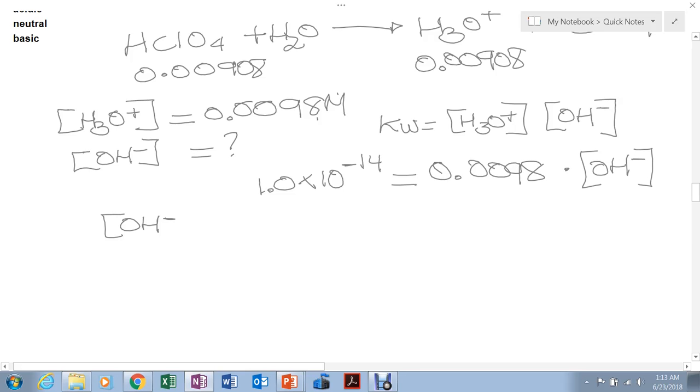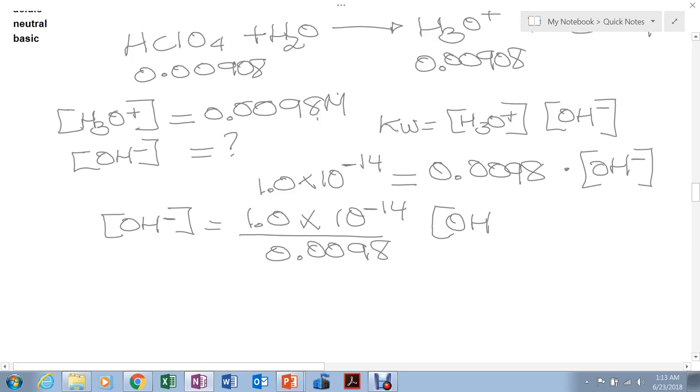OH negative would be 1.0 by 10 to the minus 14 divided by 0.00908, and we take it to sig figs.